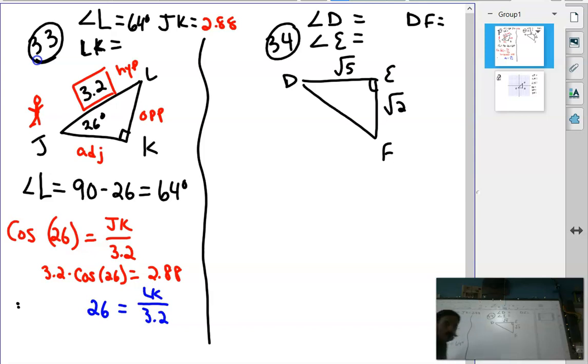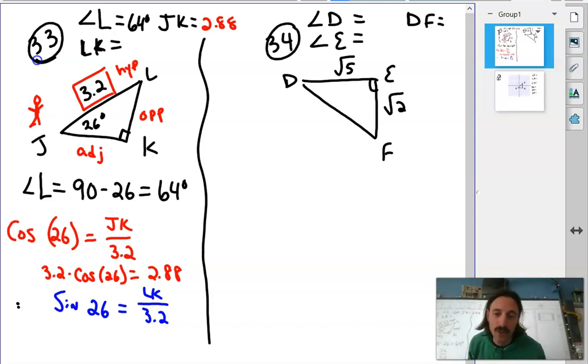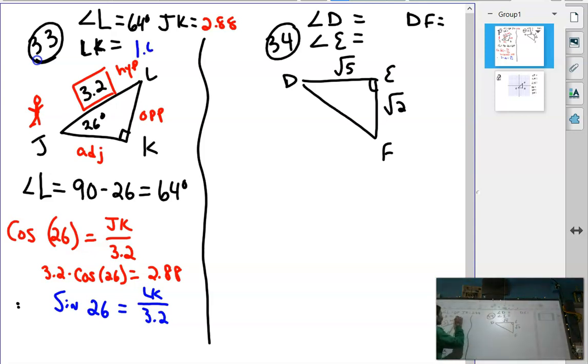And of course, opposite over hypotenuse is sine. And so now when I multiply the sine of 26 by 3.2, I get 1.40. If you need to pause that and go back, you can, or also look in your book for other examples.